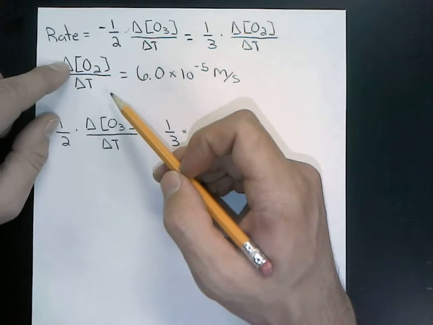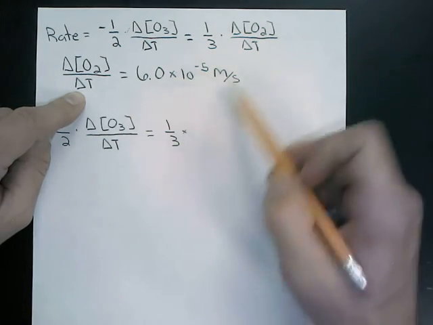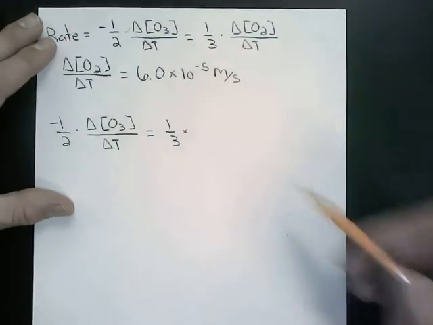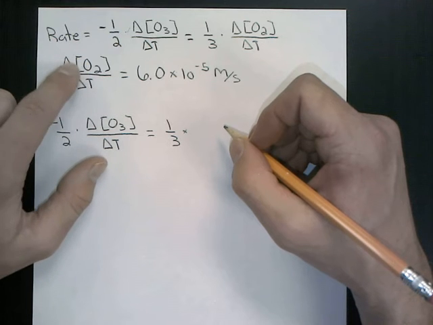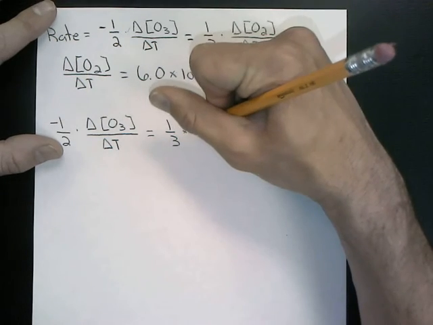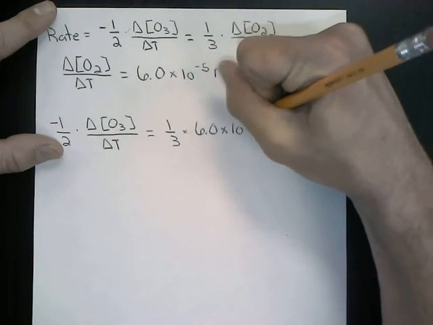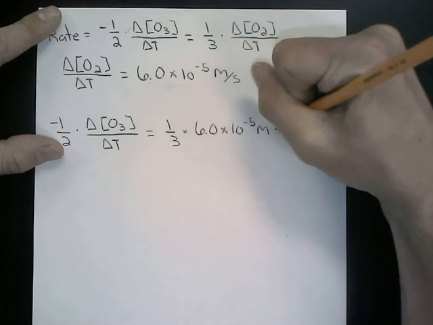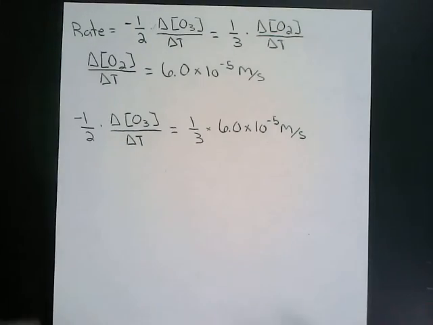So instead of putting the change of concentration of O2 over the change of time, we know what that equals. So we're going to put that in its place. So we're going to have 6.0 times 10 to the negative fifth molarity per second. All right, so now we have to solve it.